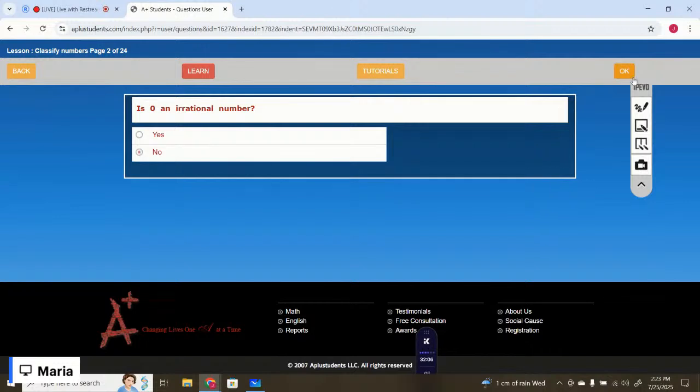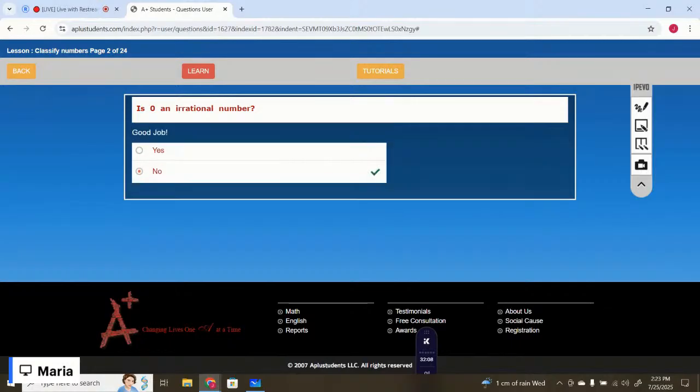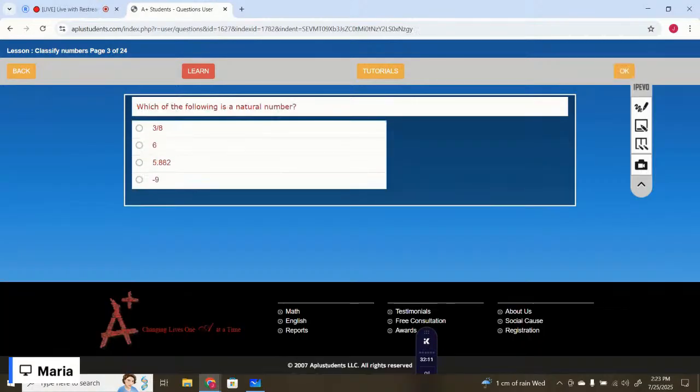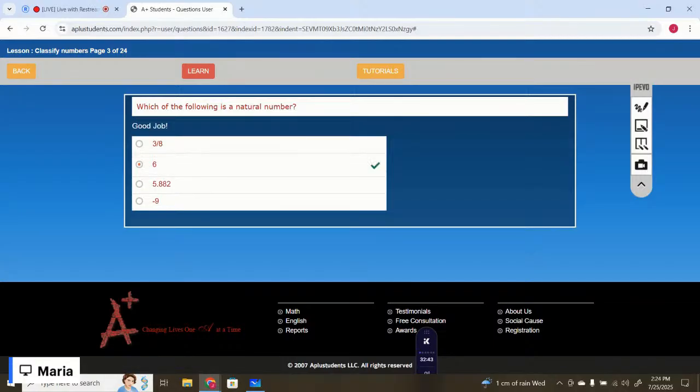The correct option is no. 0 is not an irrational number. Which of the following is a natural number? 6 is a natural number. Option number 2 is the correct option.